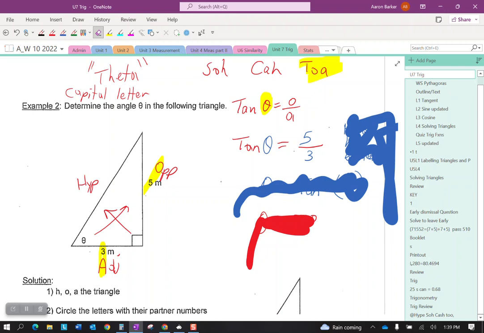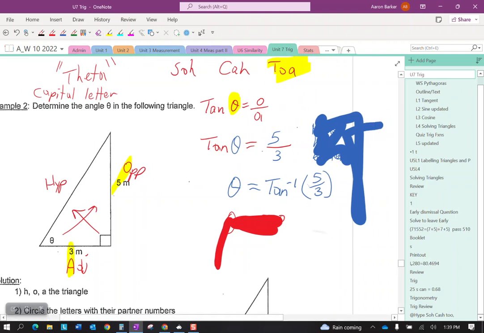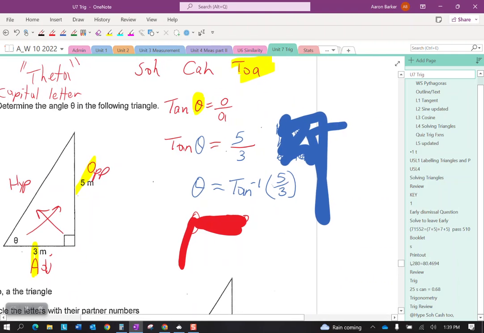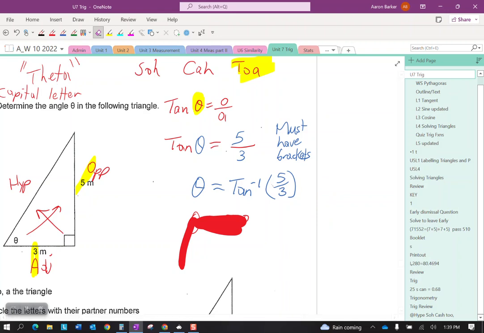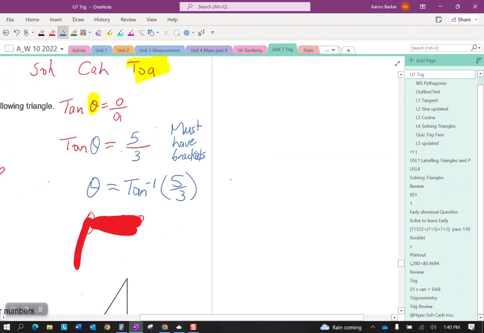Now, here's where it's different. We got to move tan to the other side. So you can just leave it like this as a fraction, but you must have your brackets, especially when you use your calculator. If you know how to use your fraction button, that's awesome. If not, what a lot of people do is tan negative 1, 5 divided by 3, because that's what the fraction is.